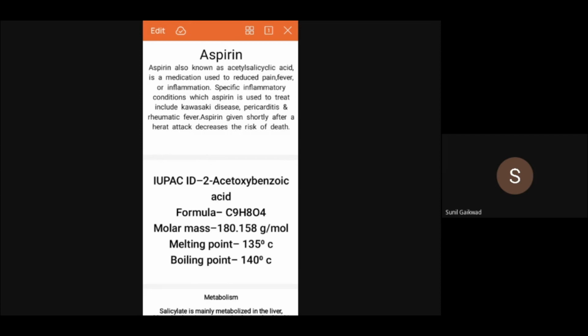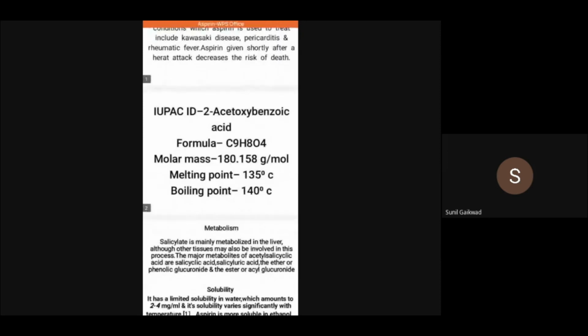And third is rheumatic fever. Rheumatic fever causes inflammation, especially of the heart, blood vessels, and the joints. The chemical properties: the IUPAC name of aspirin is 2-acetoxybenzoic acid. The chemical formula is C9H8O4.